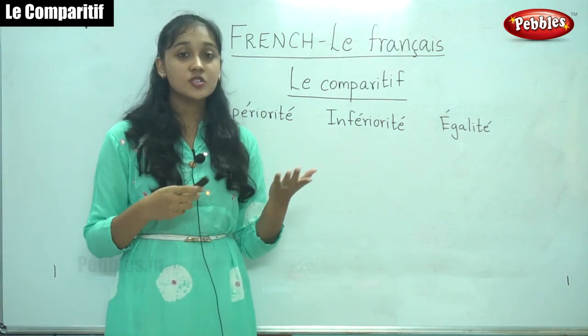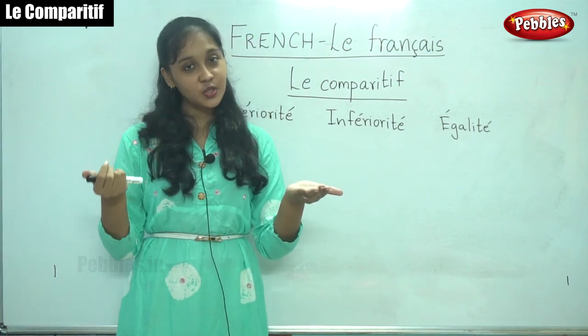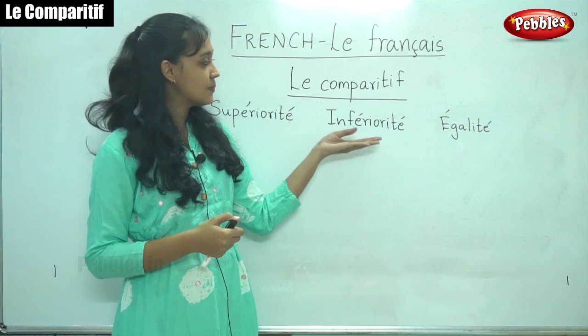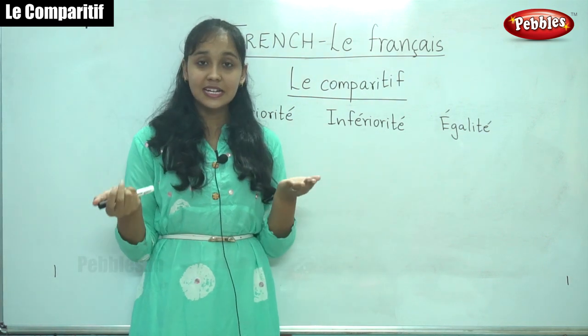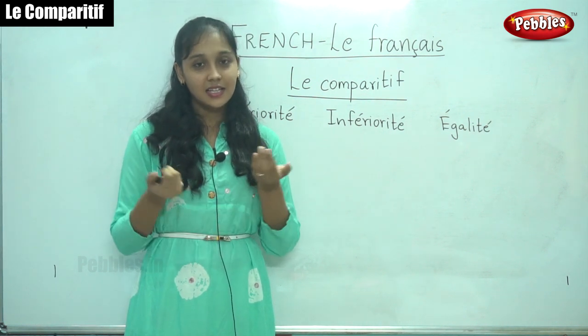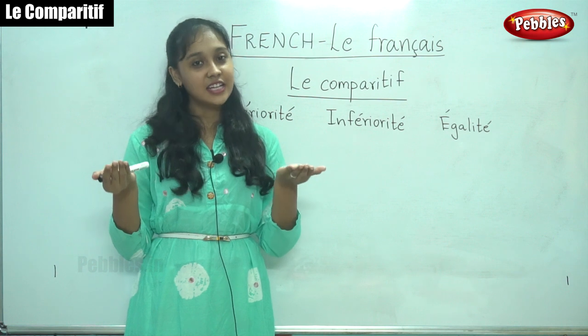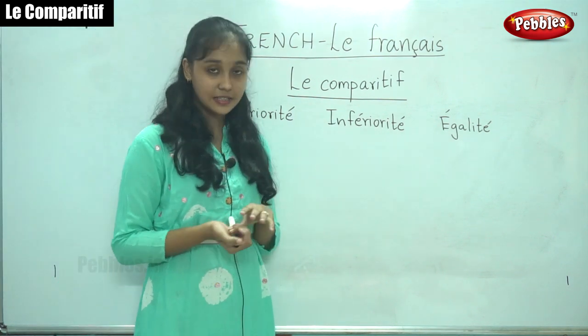And you can also say this glass has lesser water compared to this glass. That shows inferiority. Now, if both the glasses have an equal amount of water, we would say both the glasses are equal. So, that is the concept we are learning here.